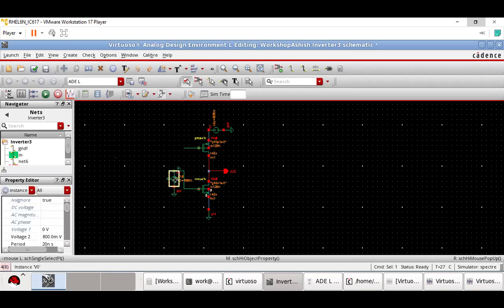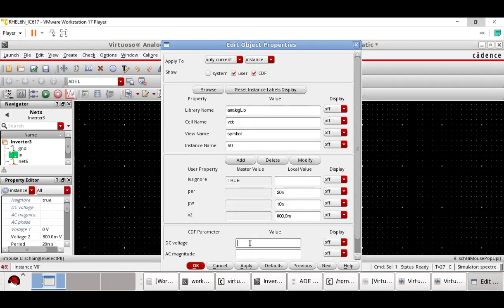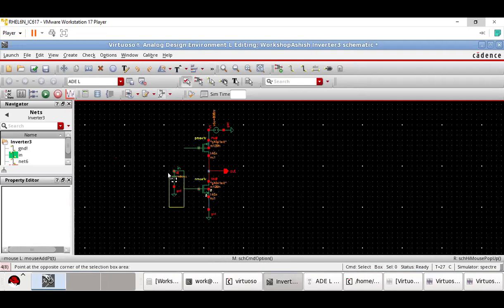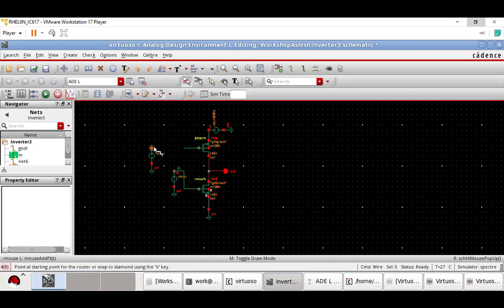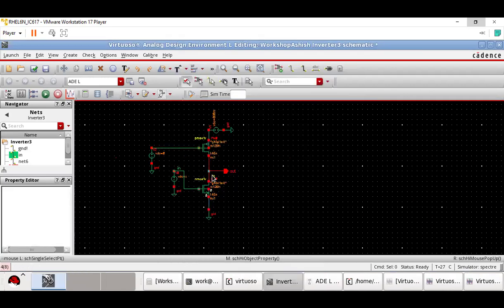I'll do it a bit faster to save time, but please try to understand what I'm doing. I've given 1 to this so that I can assume that this is on, and then zero to this, I have made it on.